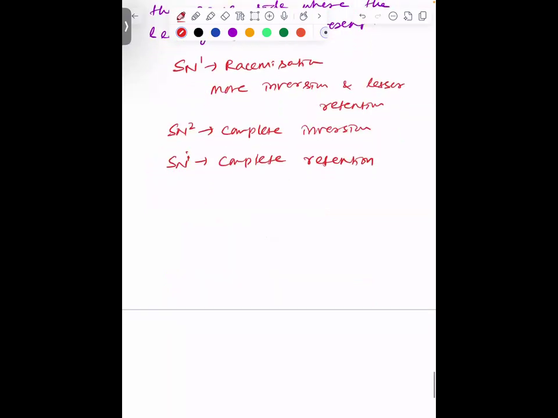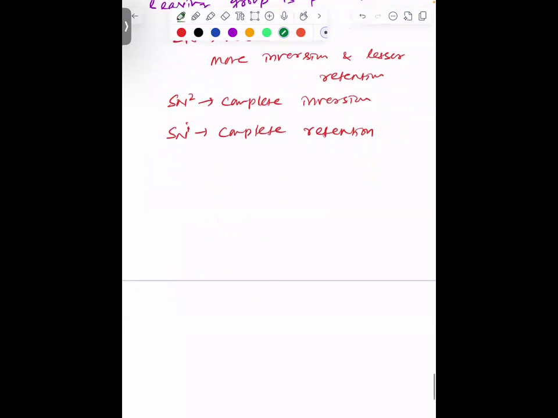Now we are going to discuss the last one, that is NGP, neighboring group participation.